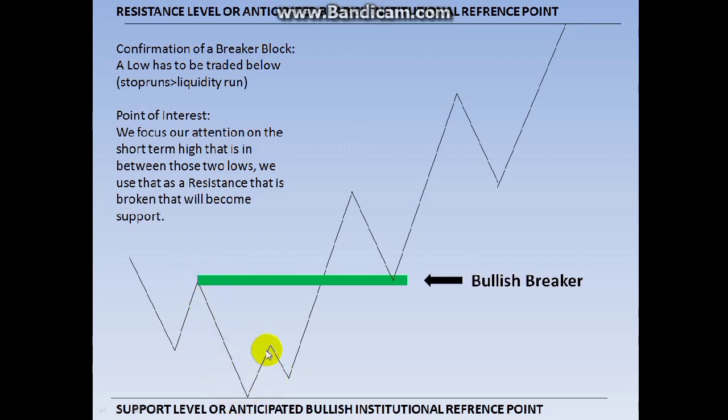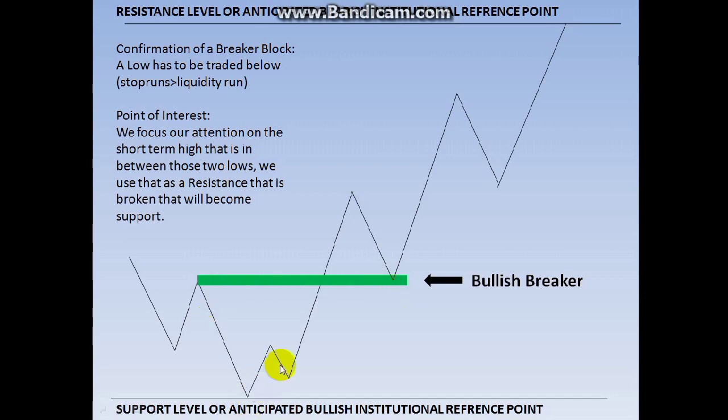As you can see, price created this short term expansion, and our focus will come to this particular high. Once this old high is taken out, then we can take our attention to this old high for a retest.